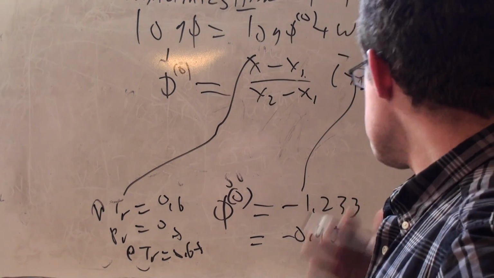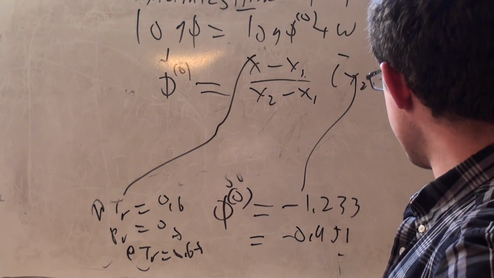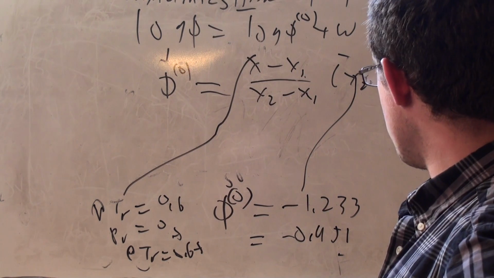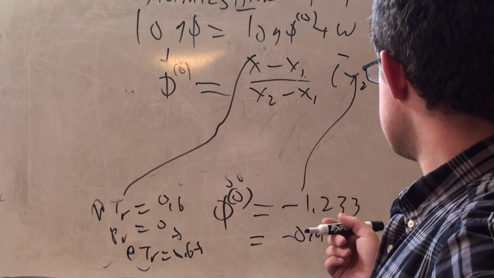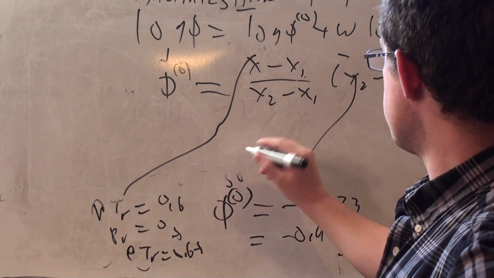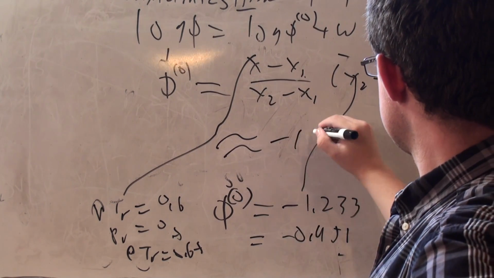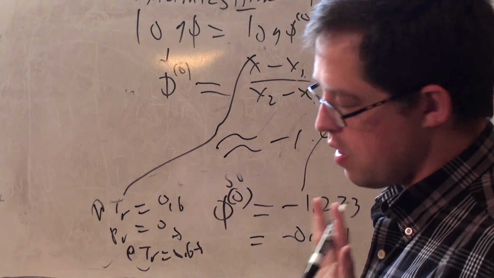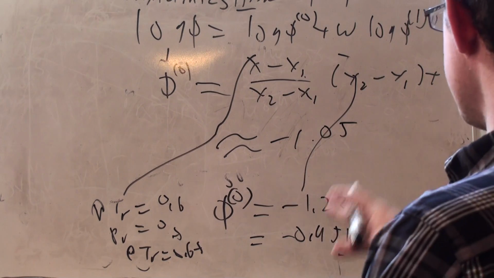What's that going to be? Let's just ballpark it as negative 1.05, just for argument's sake. So I get that, and these are the log of phi0.